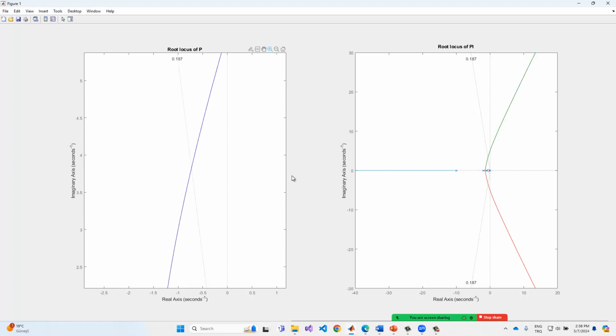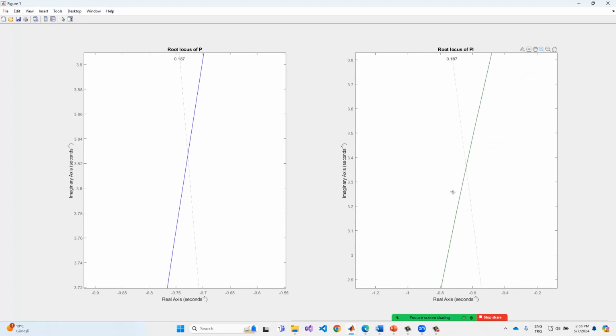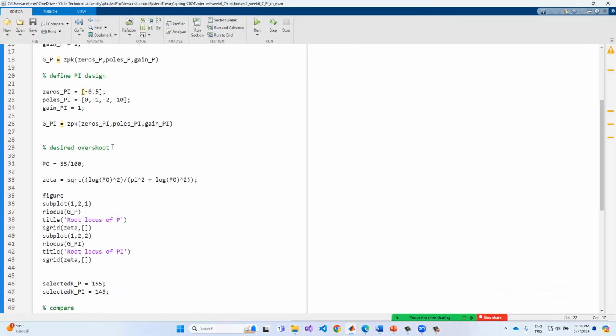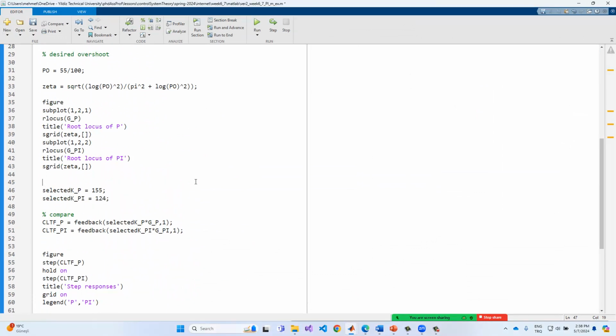See, if we have these nominations in here, and now we have the 155, and now see, in the PI controller we must choose the gain as equal to the 124, right? And so in this case we must update the P controller just like this one.